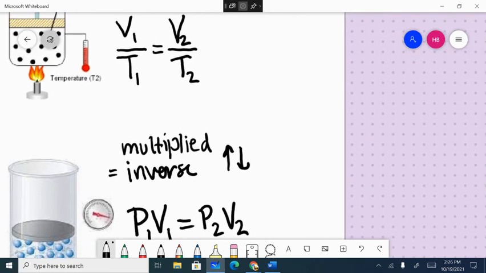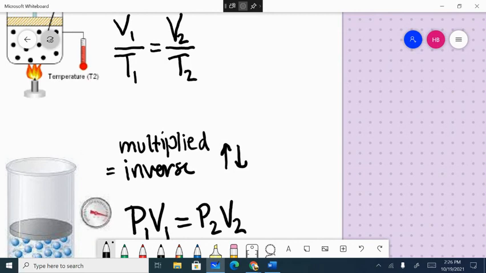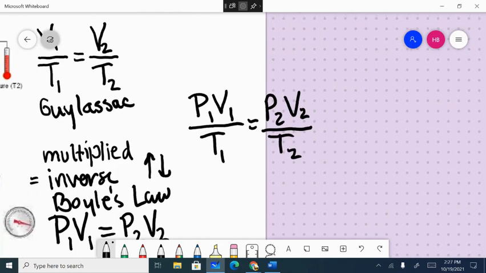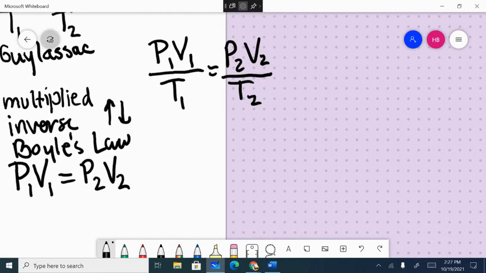So let's combine those, and we get the combined gas law. We're going to add one more concept into here, which is that the more moles of gas you add, the greater the volume.